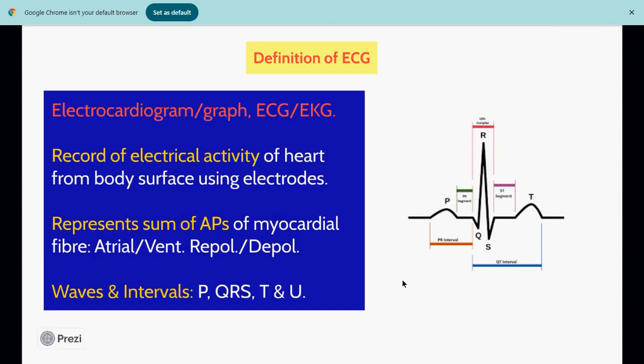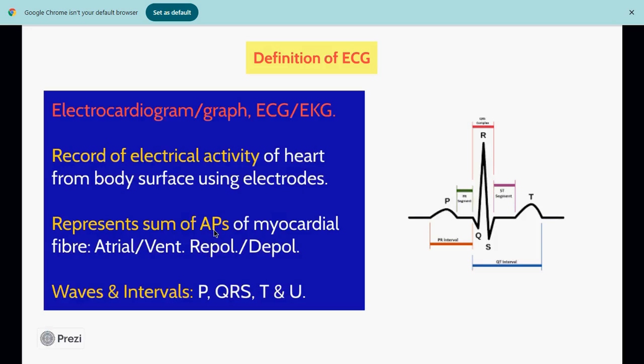So we move to the definition of ECG. ECG, or electrocardiogram, is an electrical activity tracing or recording of the heart from the surface of the body using electrodes. There are different names we'll go across today that I want you to be very familiar with. The electrodes are the devices put on the surface of the chest in order to record the electrical activity of the heart.